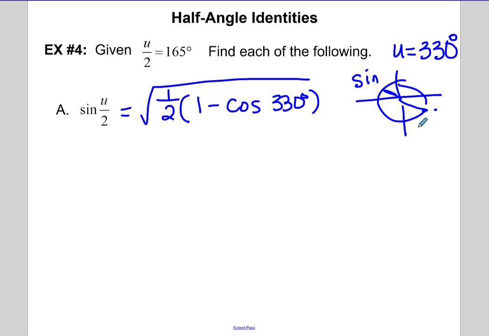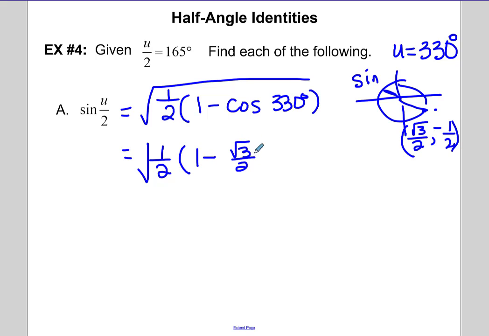What's the cosine of 330 down here? Well, cosine means we're going to go square root of 3 over 2, and down 1/2 is the ordered pair at 330 degrees. So cosine is radical 3 over 2. So we want the square root of 1/2 of 1 minus root 3 over 2.